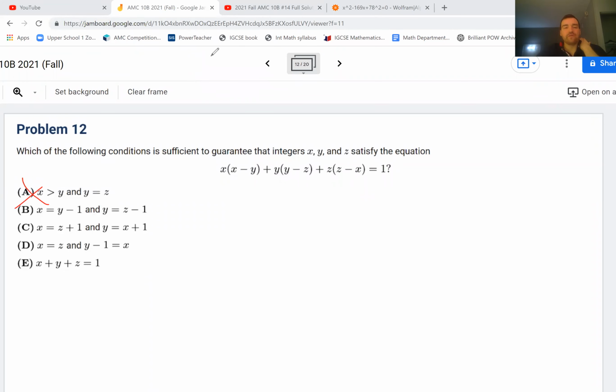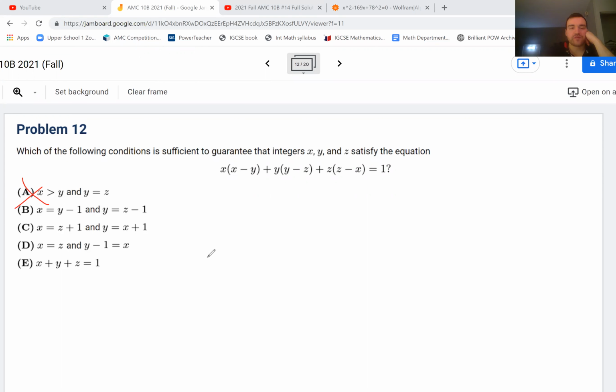Now, what I did moving forward was I tried to solve for all the variables in terms of one variable. So if we look at letter B, it tells us x is y minus 1 and y is z minus 1. So maybe I'll get everything in terms of z.